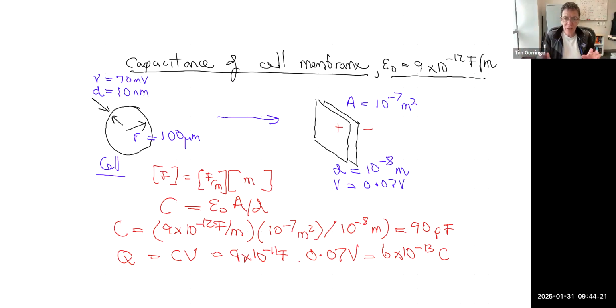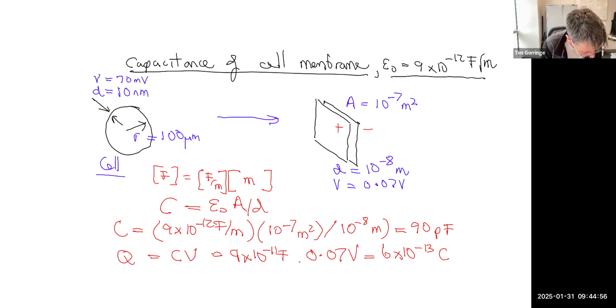The electronic charge is 10 to the minus 19 coulombs, and this is 10 to the minus 13 coulombs. This is more than a million times bigger than the charge of an electron or a proton. So there are millions of ions layered on the inside and on the outside of the membrane to make this charge and to make this resting voltage of 70 millivolts.